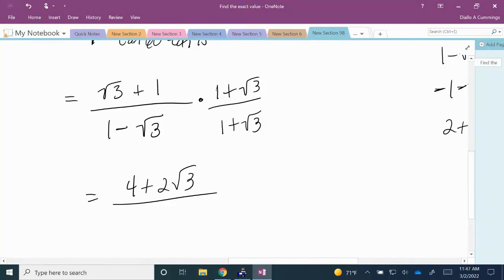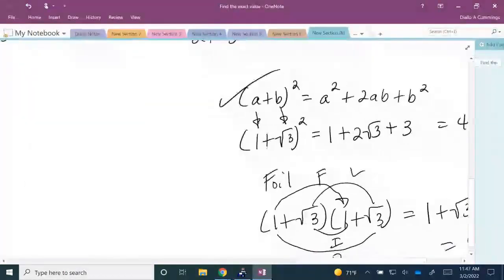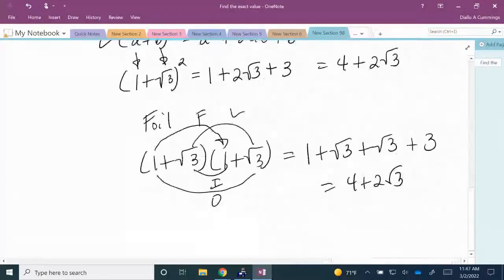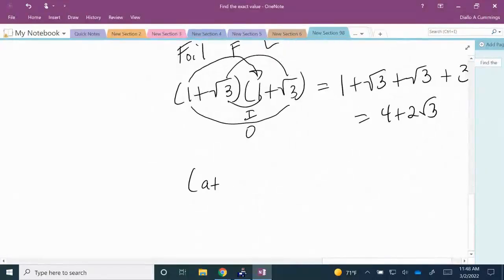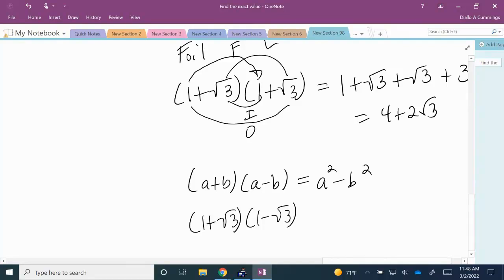In the denominator, we have a sum and difference of binomials, and there's a formula for that as well. I believe that would be a plus b times a minus b, which is equal to a squared minus b squared. So if we have 1 plus the square root of 3 times 1 minus the square root of 3, I can substitute a for 1, so 1 squared is 1.